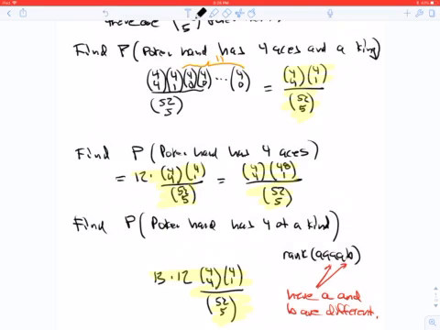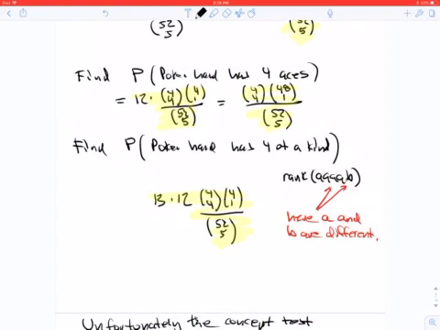So I have to multiply my answer above by 12. If I want to find the probability that my poker hand is 4 of a kind, in other words, has rank A, B, where A and B are different, then I have 13 choices for A and 12 choices for B.